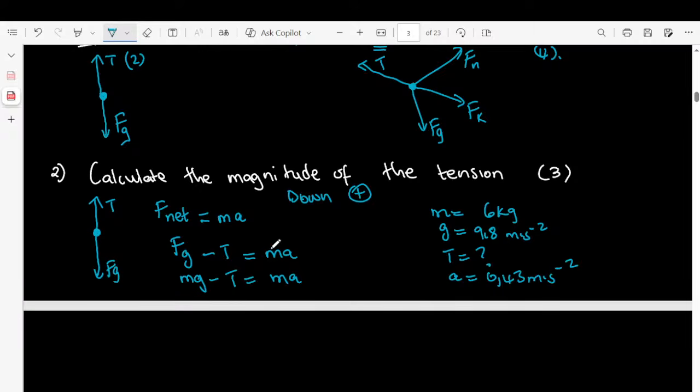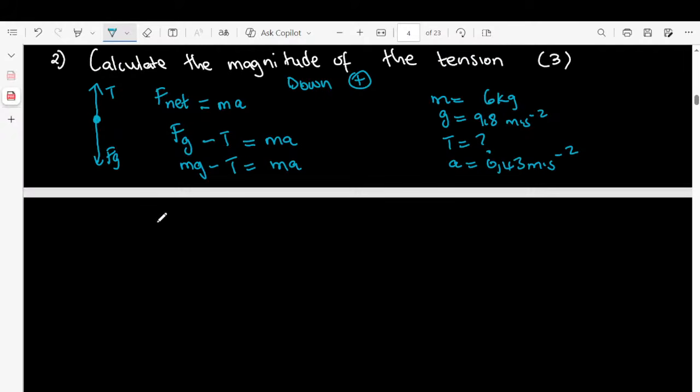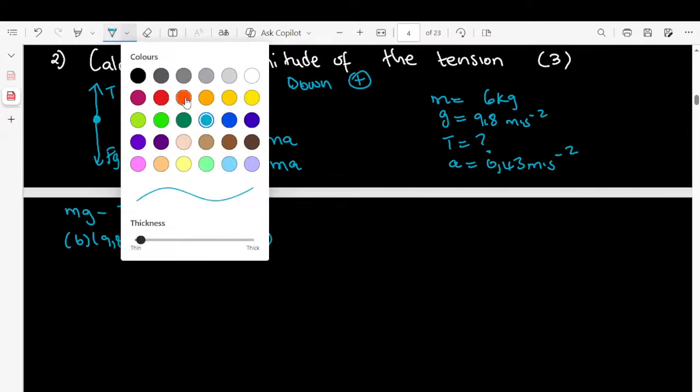So now I can just do my calculations. I can substitute. We set mg minus the tension equal to ma. If I substitute, this is 6 multiplied by 9.8 minus the tension is equal to the mass of 6 into 0.43. Therefore, I can bring the tension to the other side, and the sign will change.